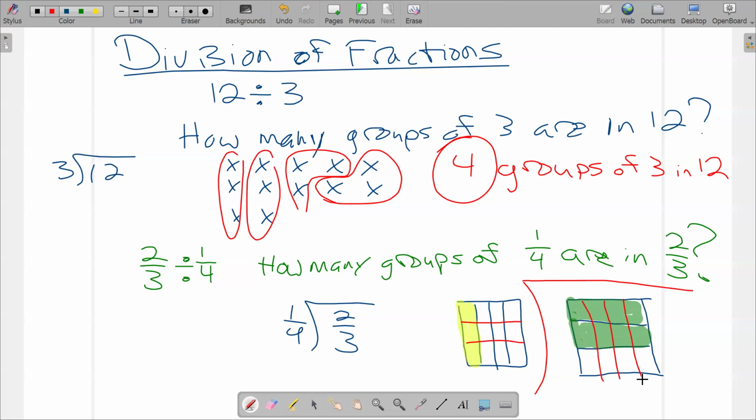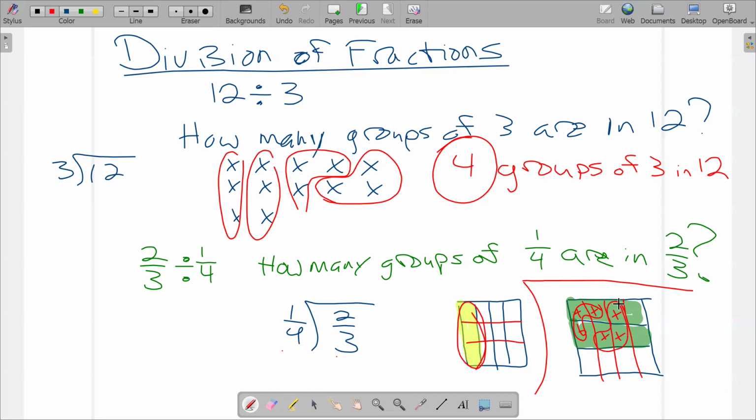Now I can see to find how many groups of 1/4 are in 2/3, I'm just looking for groups of 3 over there. How many groups of 3 are over here? Well, there's a group of 3 right here, right? 1, 2, 3. There's another group of 3 right there. And I was pretty sure it was more than 2.